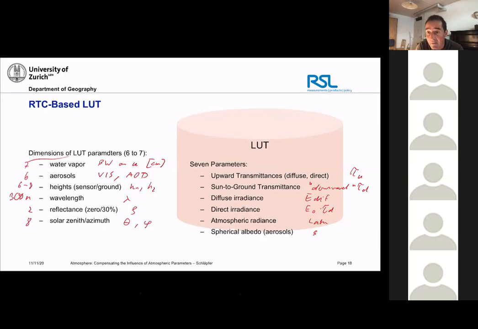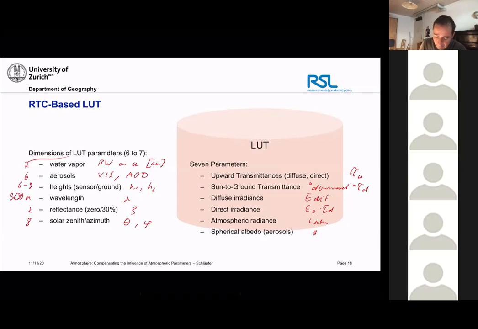Now you can do the math. You have 6 parameters on one hand side, and we have 6 or 7 dimensions. All of the combinations of the parameters in the dimensions have to be calculated. And this makes quite a lot of calculations. It's 7 times 6 times 7 times 300 times 2 times 8. You can do the math yourself, but it's a few thousand calculations. And all of them need to be stored in the lookup table by 6 parameters.